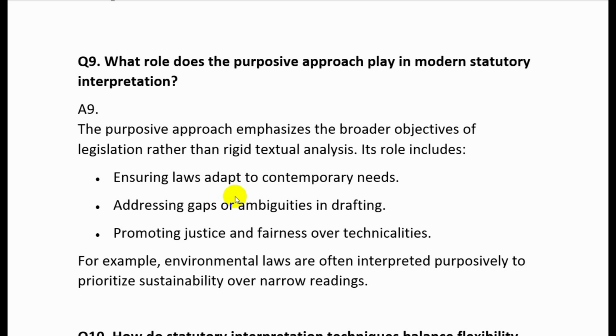The fairness of the law means that one is not only concerned about the procedure, but also the due process to be followed. We are not just concerned with technicalities. The court looks beyond the words, beyond the technicalities, to promote justice and fairness.